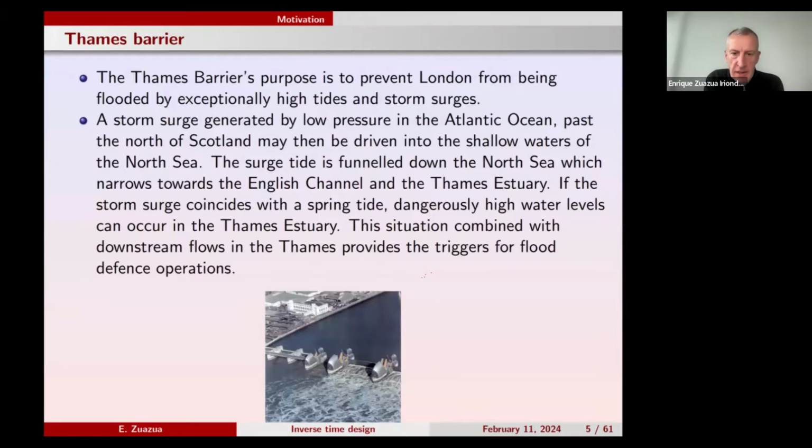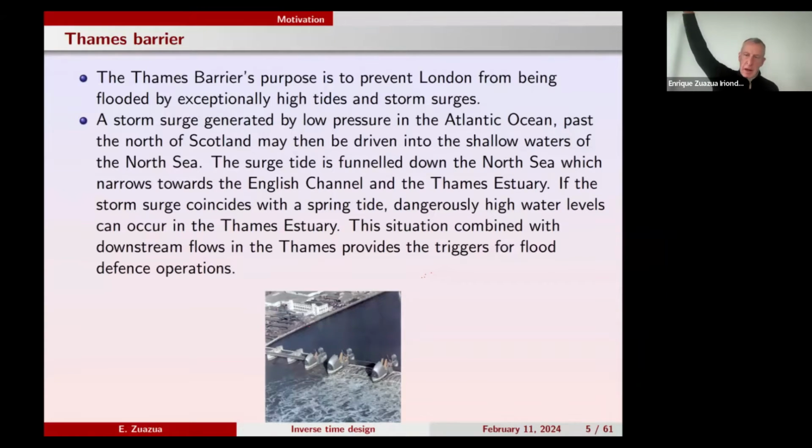One of the most fascinating engineering constructions is probably this Thames barrier, right, in London, where due to the regular floodings that were occurring in the Thames River that were making river navigation impossible, right? They decided to build this barrier that prevents the flooding from occurring in the port area.